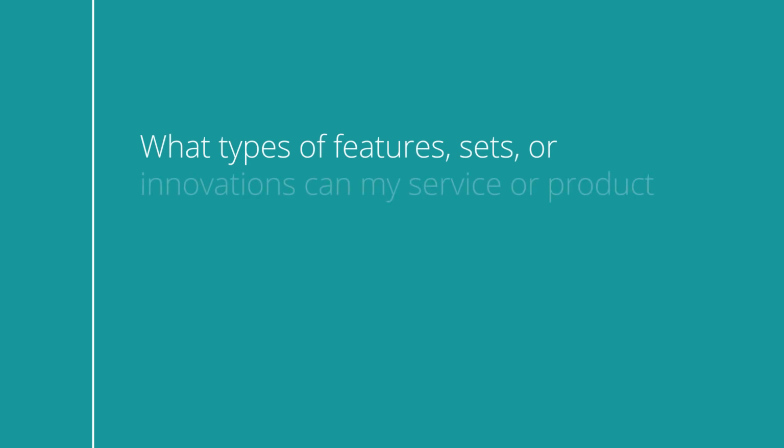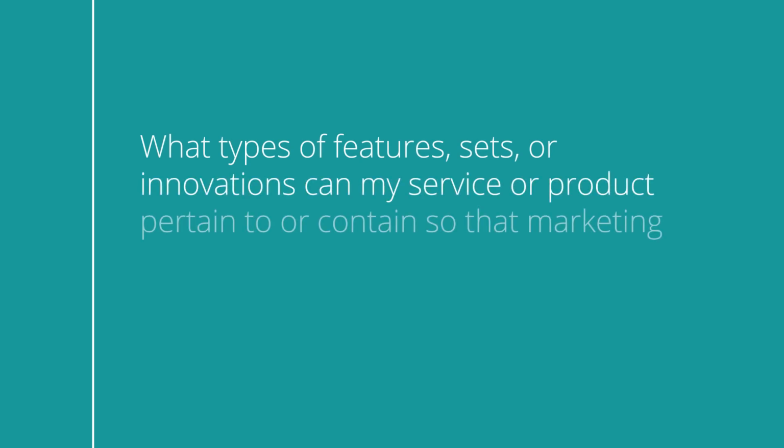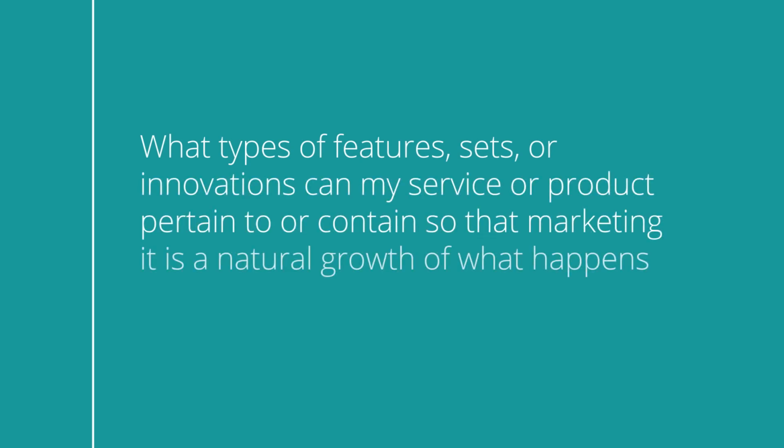So start to ask yourself, what types of features, sets, or innovations can my service or product pertain to or contain so that marketing it is a natural growth of what happens after someone purchases it. They can't help but tell their friend, not one friend, but multiple friends, right? That post-purchase is going to be critical for you as you go towards hyper growth.